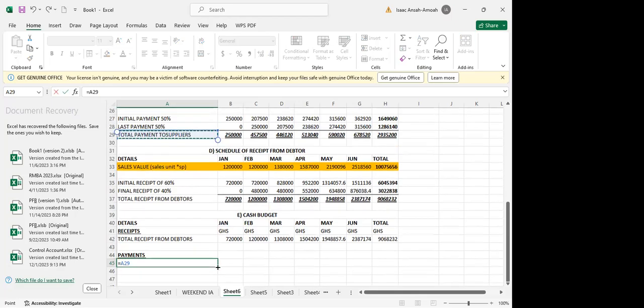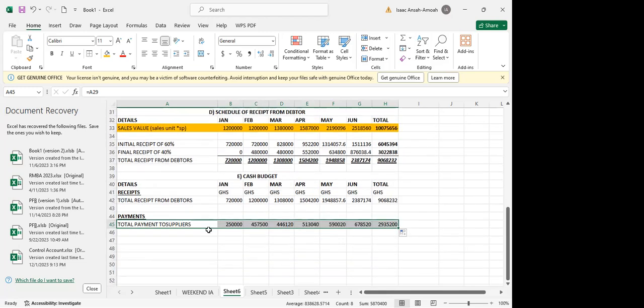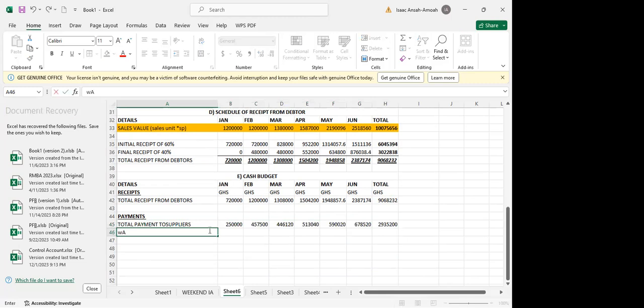We made payment to labor. That was referred to as wages. You remember? We made payment to labor, and there was a policy to that effect, so we bring that also here. So wages. What's the payment term?